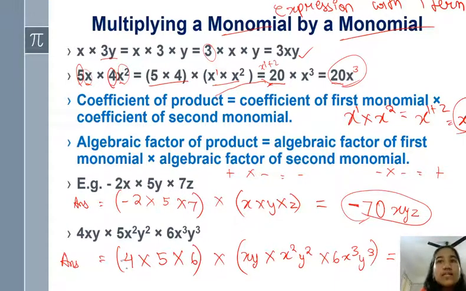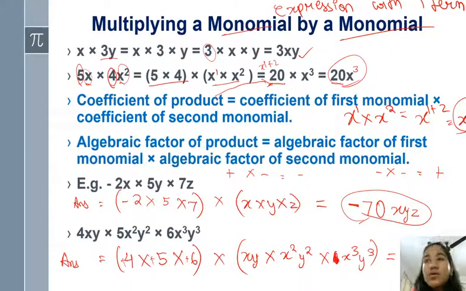Here all the signs are plus, so our product will also have a plus. 4 into 5 is 20, 20 into 6 is 120. Now in this you have to keep a note: we have xy into x square y square into x cube y cube.